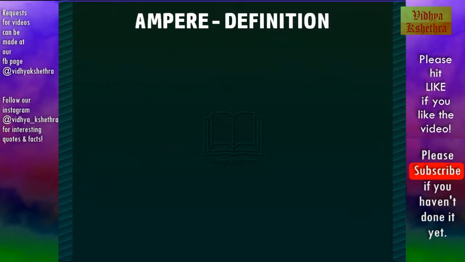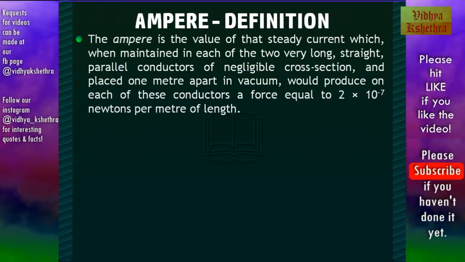Now we shall see the ampere definition. The ampere is the value of that steady current which, when maintained in each of the two very long straight parallel conductors of negligible cross section and placed 1 meter apart in vacuum, would produce on each of these conductors a force equal to 2 into 10 raised to negative 7 newtons per meter of length.